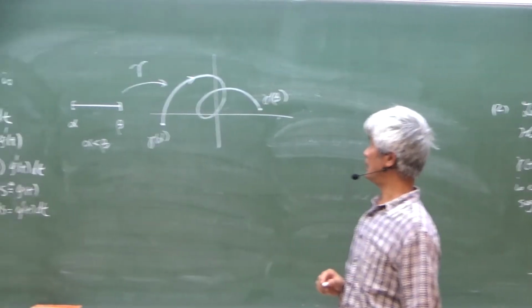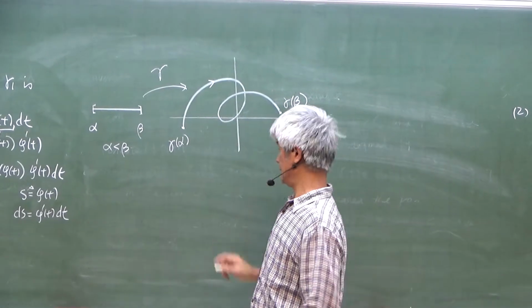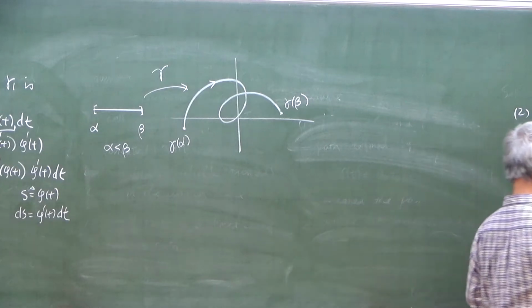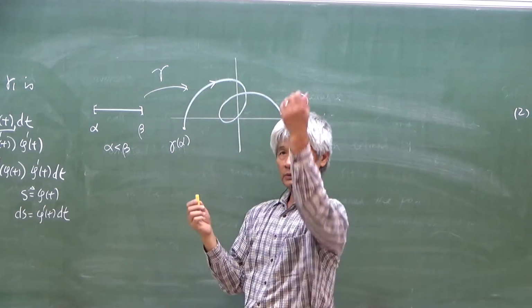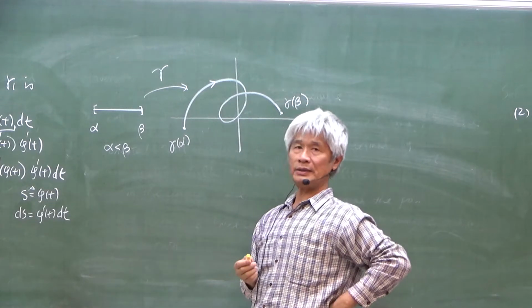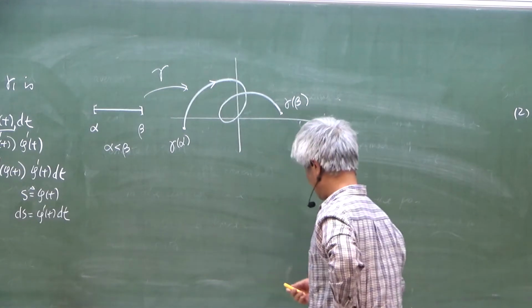Oriented by gamma in this way. Now we want to construct an opposite orientation by using a mapping. So what is the proper mapping we choose?